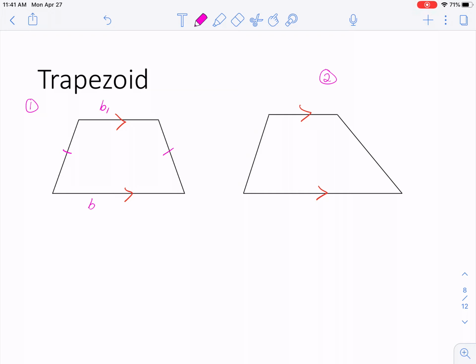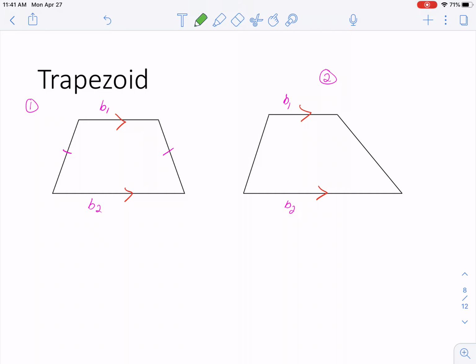Now, the base at the top and the base at the bottom are not the same size. Same with trapezoid number 2. Base at the bottom and the base at the top are not the same size. But the cool thing about this one is that this piece does not equal this piece. They're not the same size. Okay?